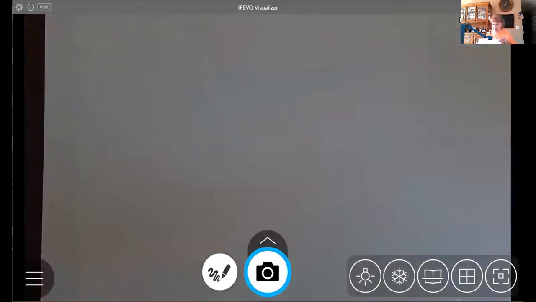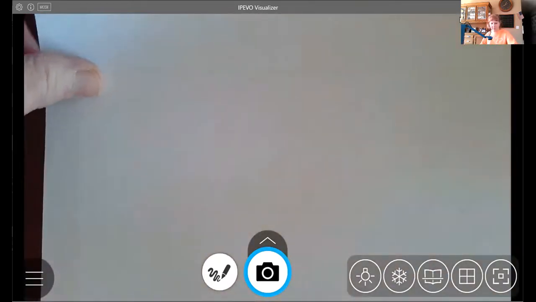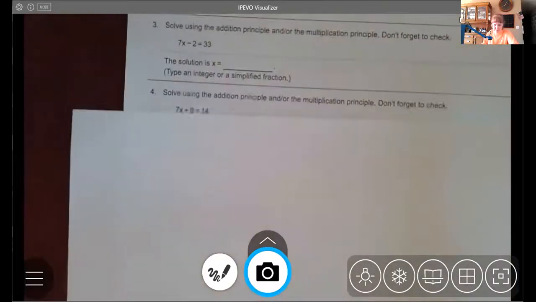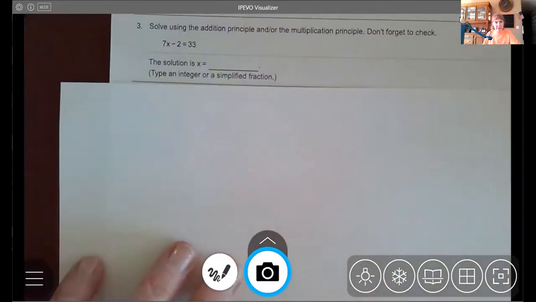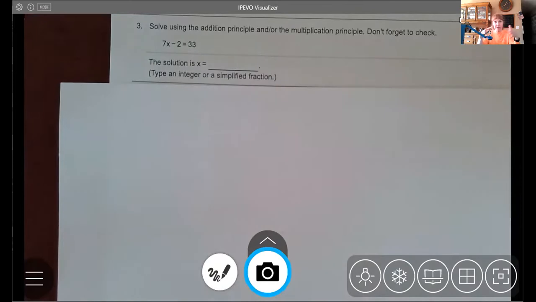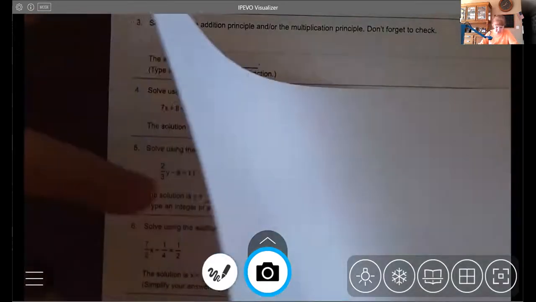All right. Let's look at number 3. Hope I have enough paper here. I think I do. All right. Number 3, these are no fractions. So this is just a review of getting the x by itself. I'll just kind of walk you through this one because we have quite a few to practice.